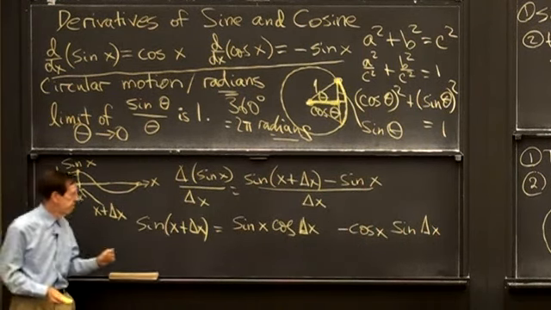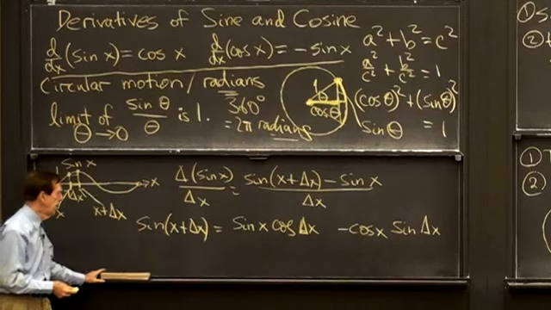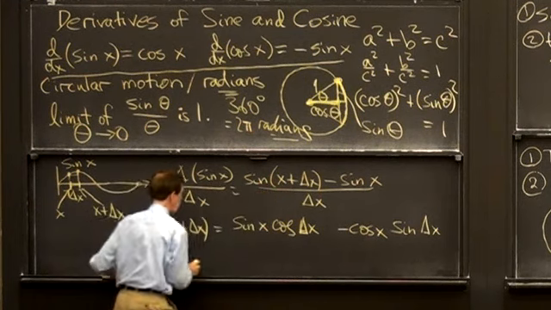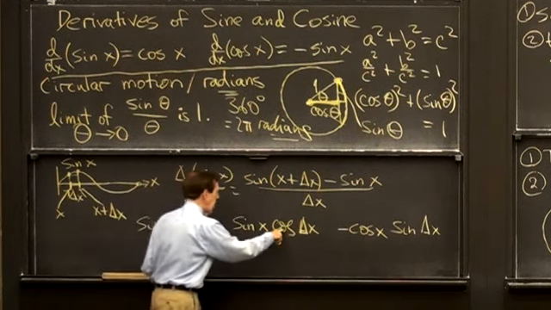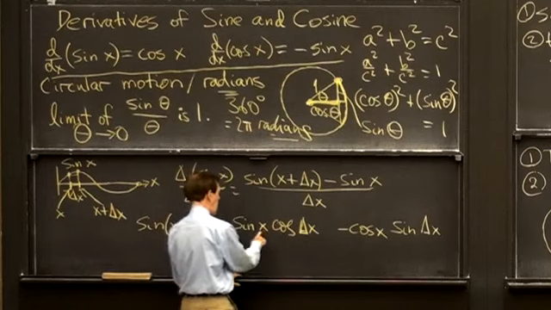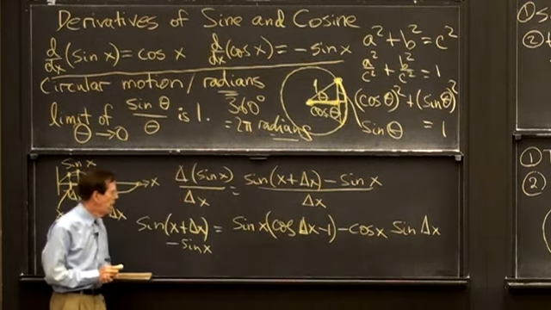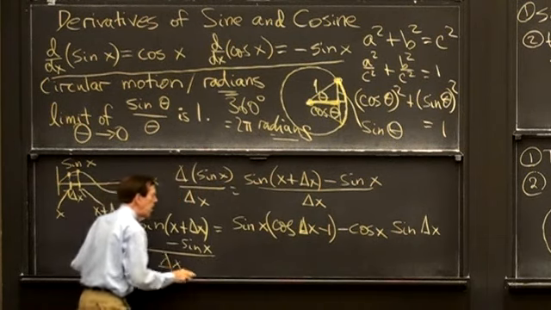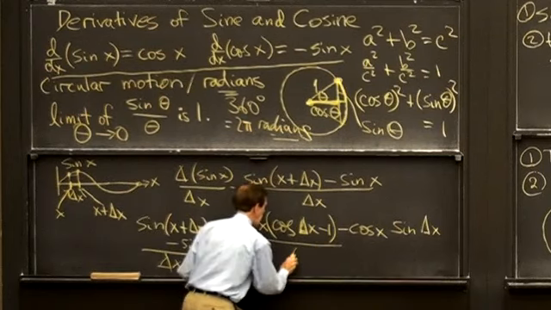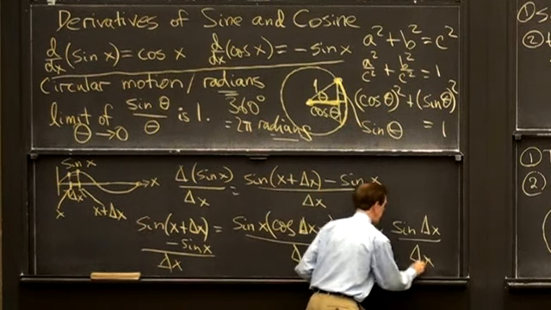You remember this from trig. That's sine of a plus b. Now I have to subtract sine x. When I subtract off sine x, then I need a minus 1. And now I have to divide by delta x. So I divide this by delta x, and I divide this by delta x.